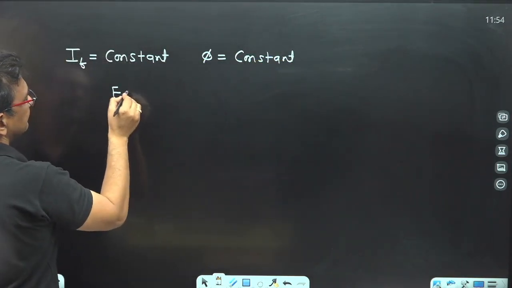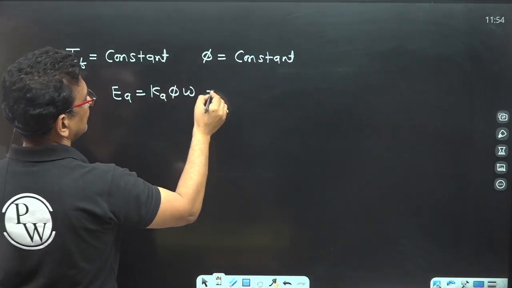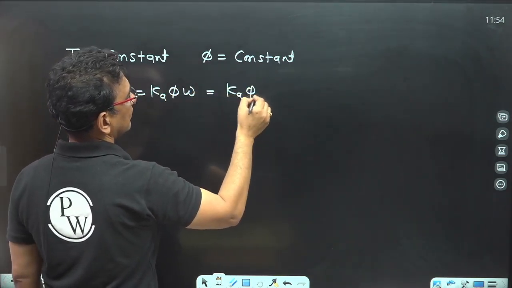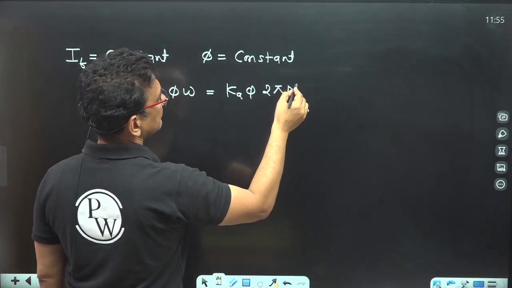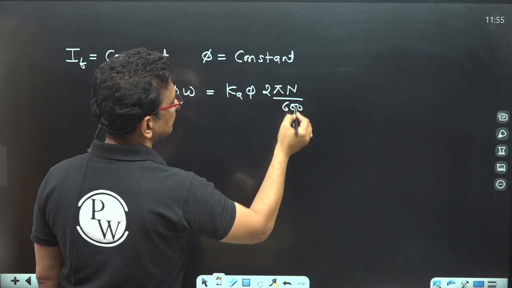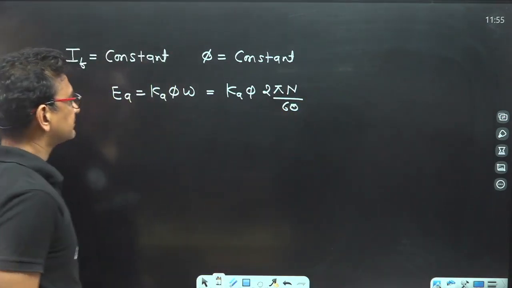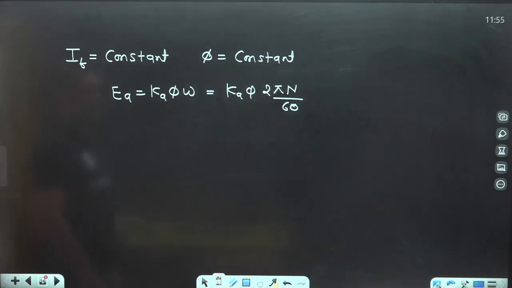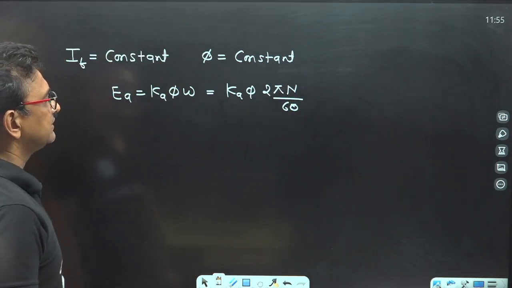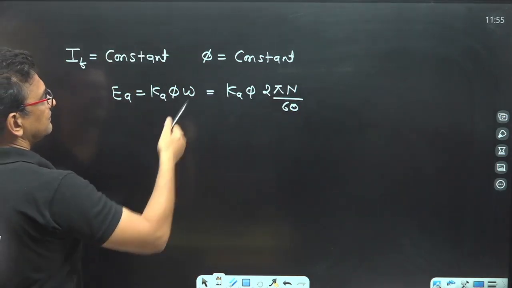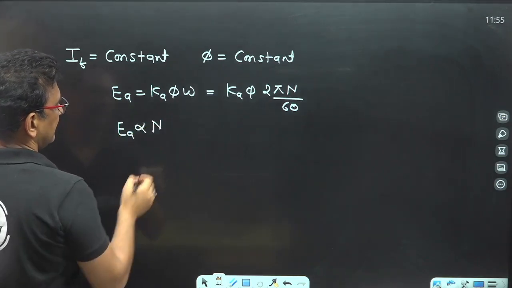The induced EMF is K phi omega, where omega is 2 pi N upon 60, N being the RPM and omega in radian per second. So induced EMF is proportional to flux and speed. As the flux is constant, Ea is directly proportional to the speed only.